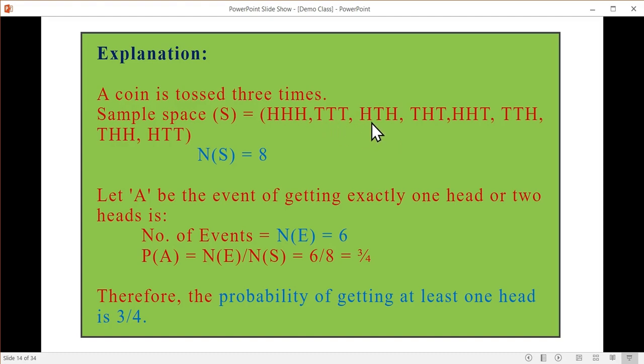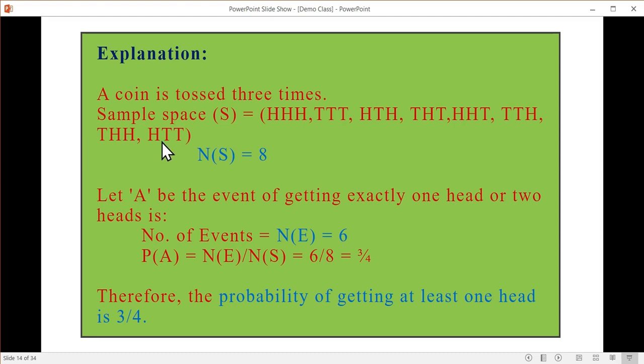The second and third options have two heads, one head, so take them. In the next option only one head, so take this option, that is 2. Then the next one is two heads, 3. Then the next one is one head, so take 4. Then the next one is two heads, so count this one. Then the next one is one head.